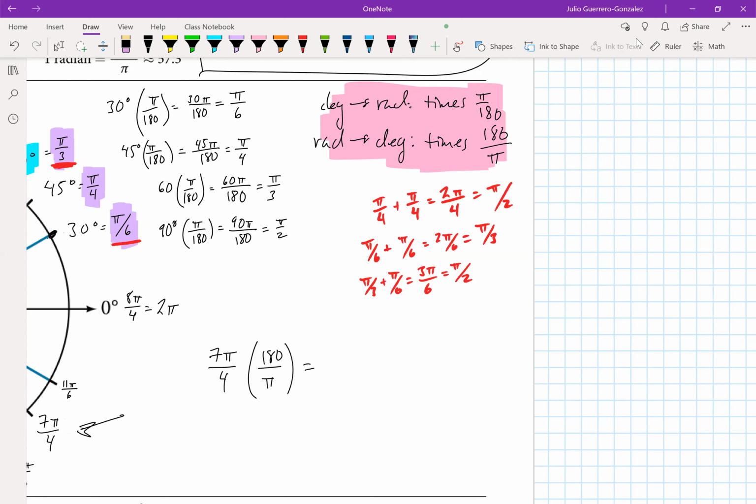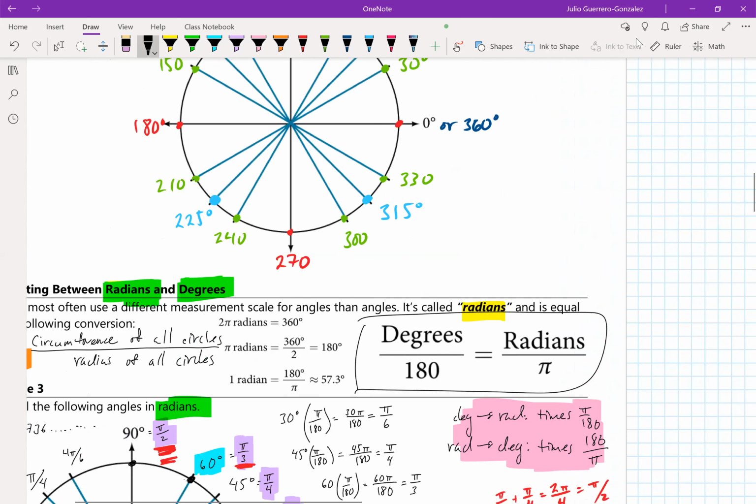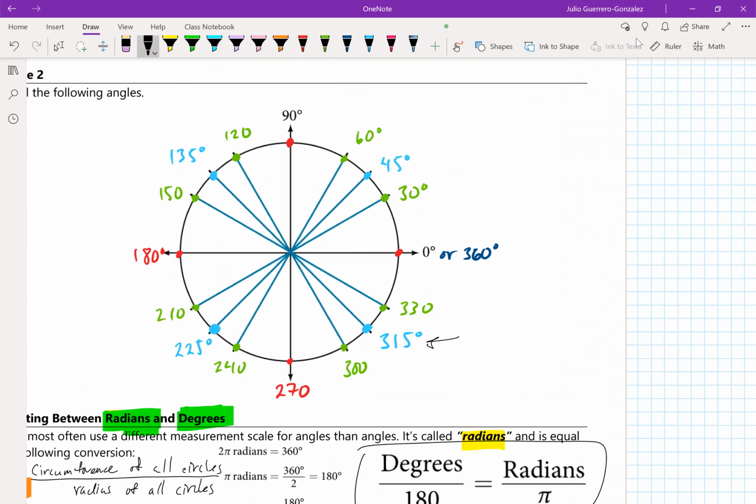It is 1260 pi over 4 pi. Those cancel, and you get left with 320 degrees. No, sorry, 315. Which, if we check up here, is exactly what we should have gotten.